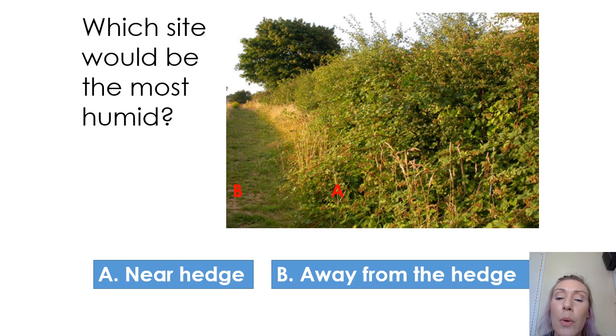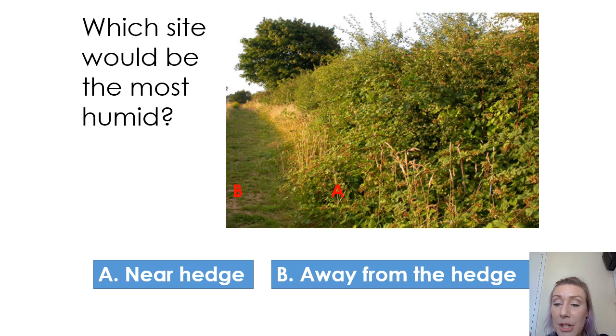Now this is another quirky one to think about. Which site would be most humid? So B is just out in the air, and A is quite near to the hedge, with quite a lot of overlap of different plant species. Which area do you think would be most humid?